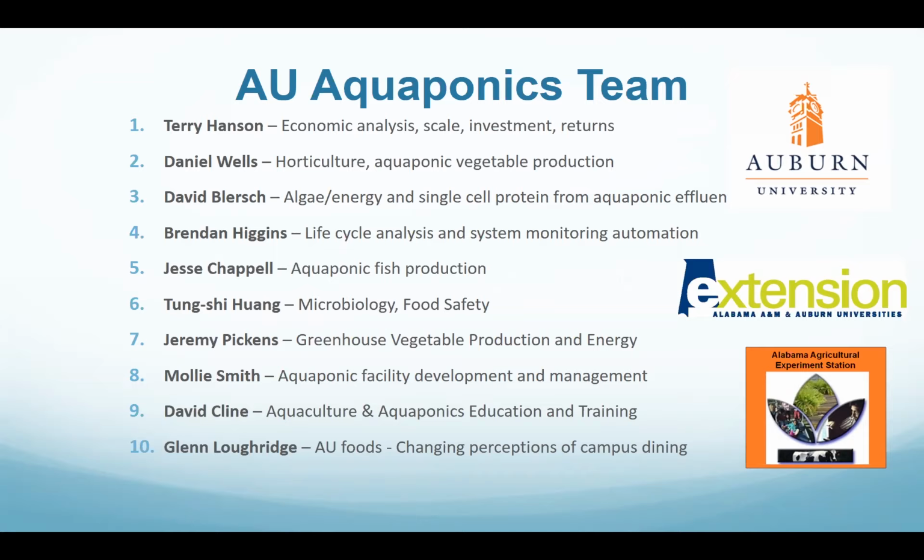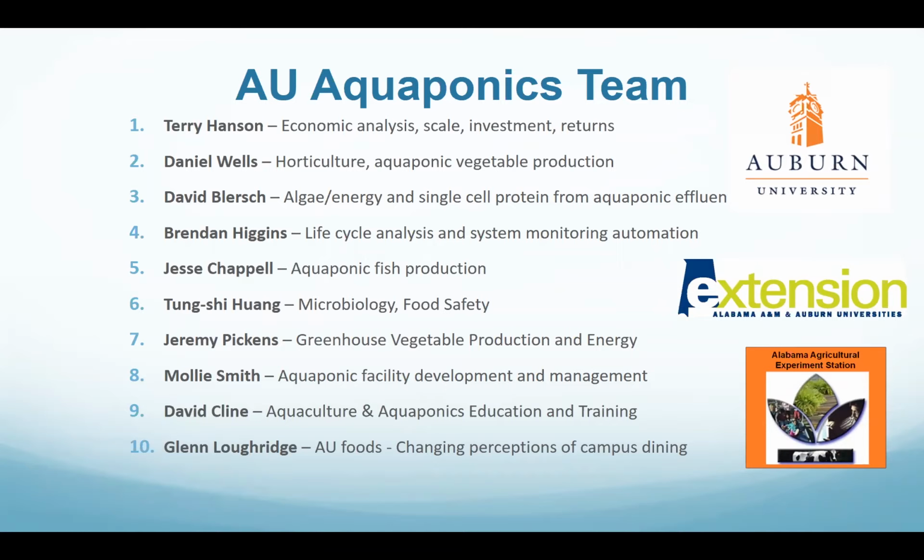And Jesse Chappell retired last December, but he was leading us on the aquaponic fish production side. And Dr. Tong-Shi Huang, he's in the poultry science department, but he's a microbiologist and looks at food safety. This was to help us address whether the leafy vegetables or cucumbers or tomatoes coming out of the aquaponics was safe for humans to eat.